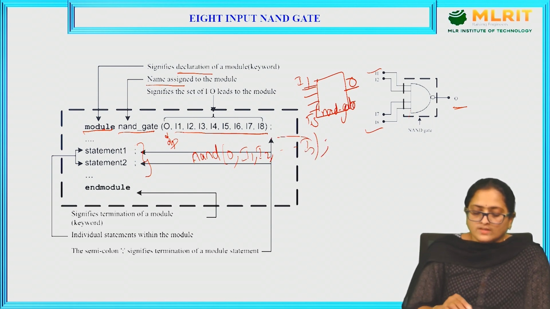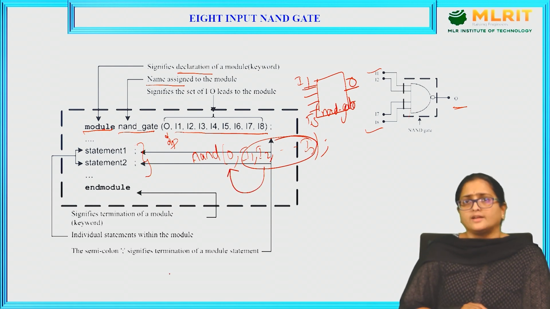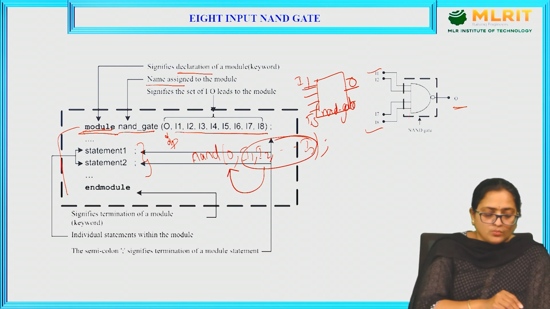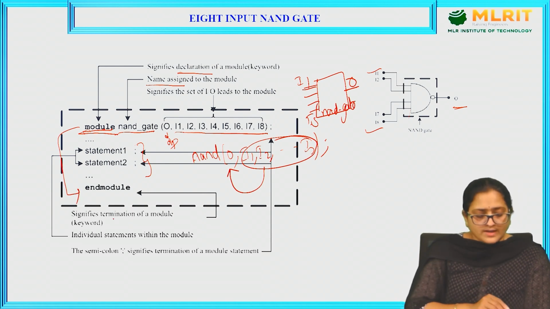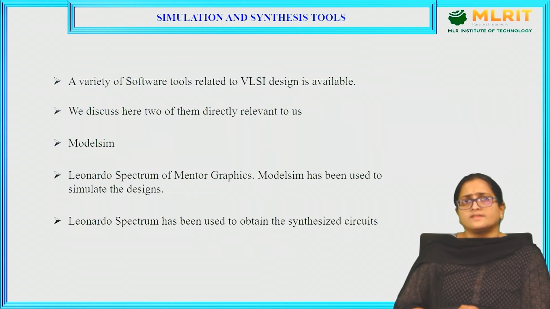It performs an AND operation on these, and the output is stored. After writing the code, this module has to end with the keyword endmodule, which specifies the termination of the module.